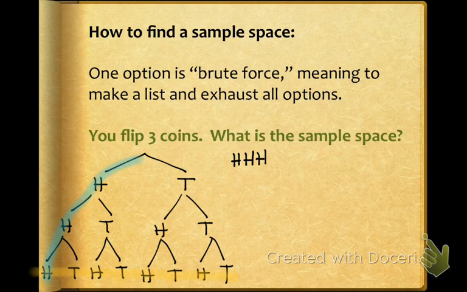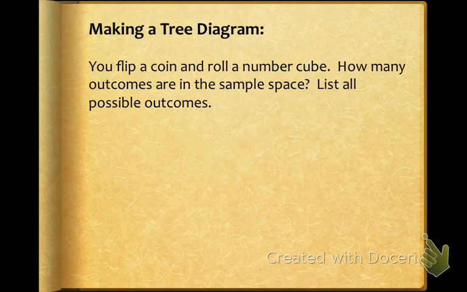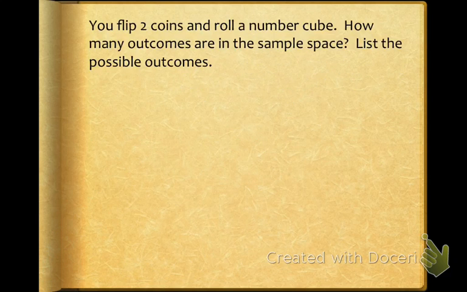Or I could go the next way. I could keep going the same way, but go to the tails instead. So that one would be heads, heads, tails, and so on. You would do that and you'd end up with 8 possible combinations. So a tree diagram is a really helpful way to come up with your sample space.